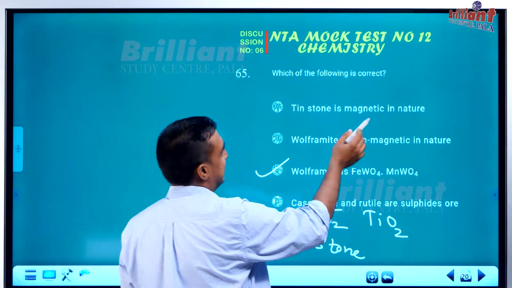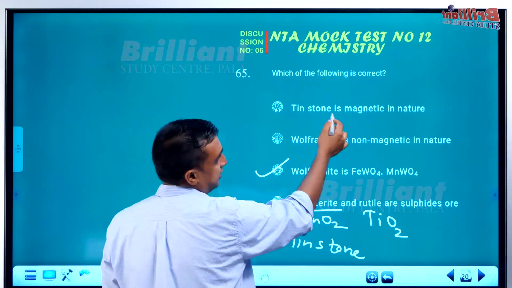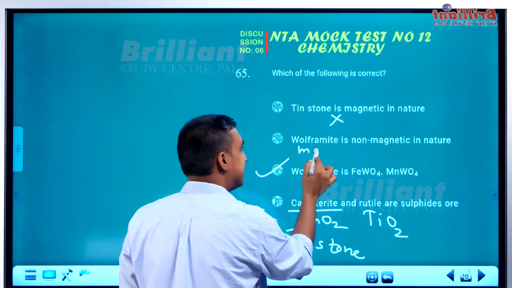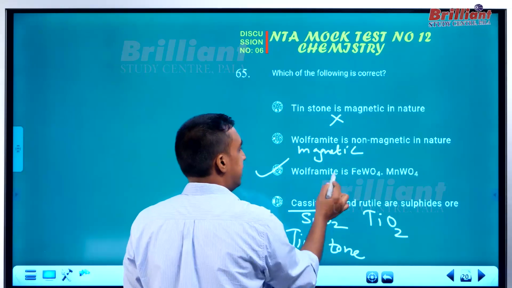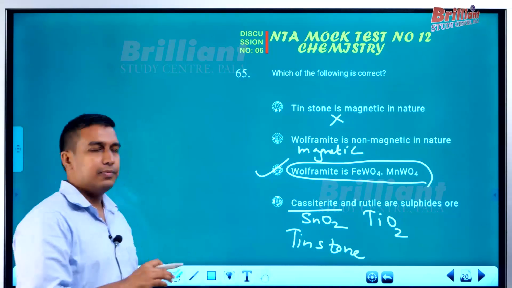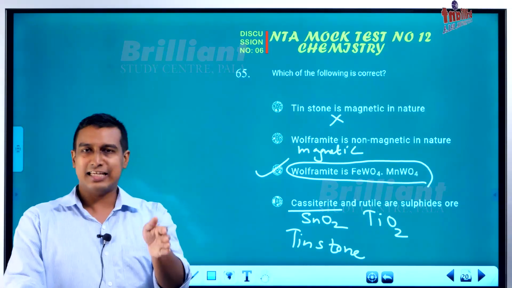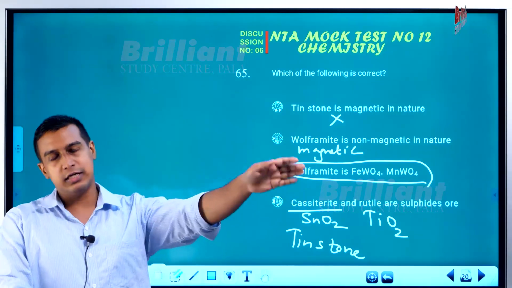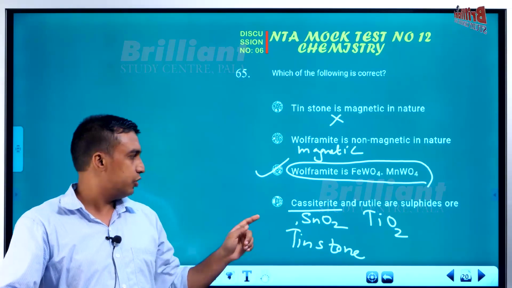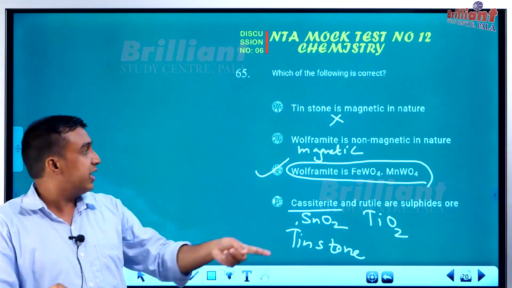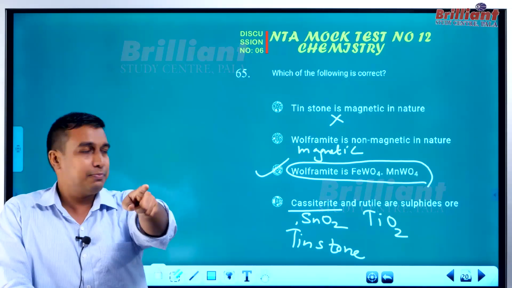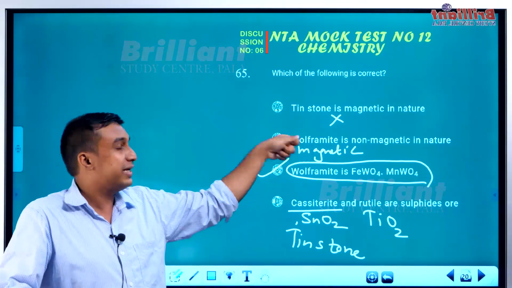Tin stone is magnetic in nature? Tin stone is not magnetic at all. Wolframite is non-magnetic? No. Wolframite is magnetic. FeWO4, MnWO4 is the Wolframite formula. Now one thing to know: when you take cassiterite or tin stone as an ore, dug out from the earth, the impurity in this SnO2 is this Wolframite. Since Wolframite is magnetic in nature, we can separate Wolframite out by magnetic separation.